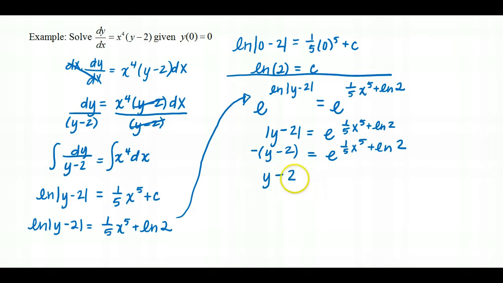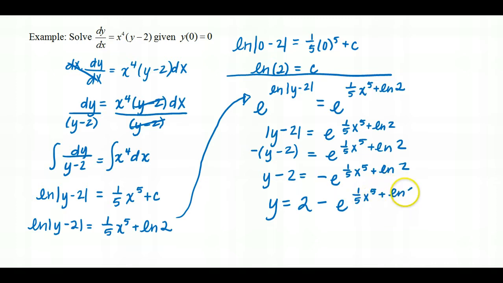So we get y minus 2 equals negative e to the 1 over 5 x to the 5th plus natural log of 2. And then adding the 2 to the other side. So y finally, explicitly defined, is 2 minus e to the 1 over 5 x to the 5th plus the natural log of 2. And this is our final answer.